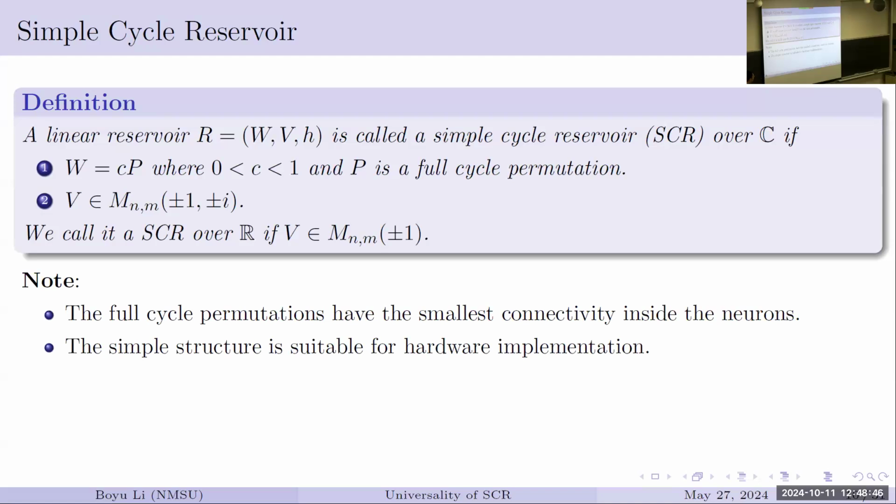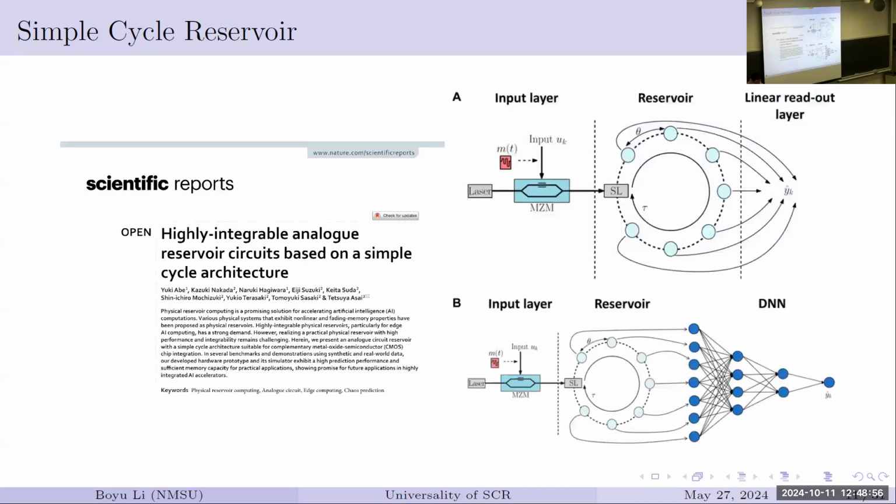Why this is a good thing is that it's very nice for hardware implementation, and that's the good thing about these simple cycles. There are a lot of people in physics who try to implement a reservoir system by building computer chips to do just this one task of the simple cycle.